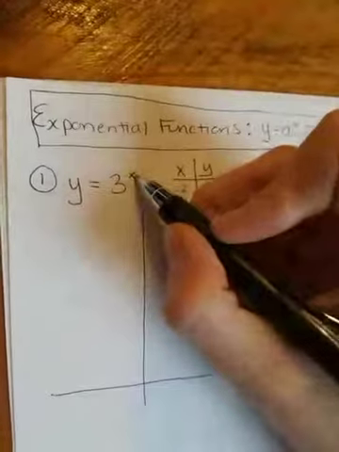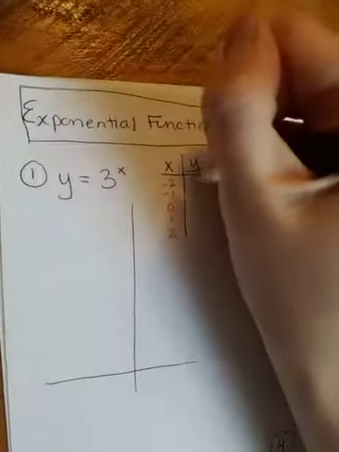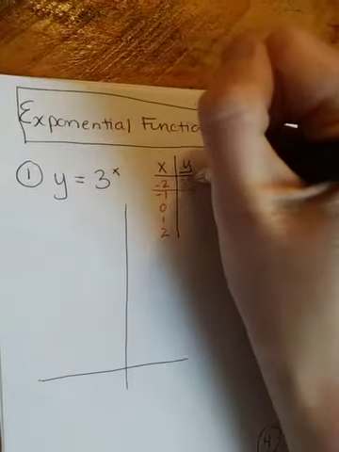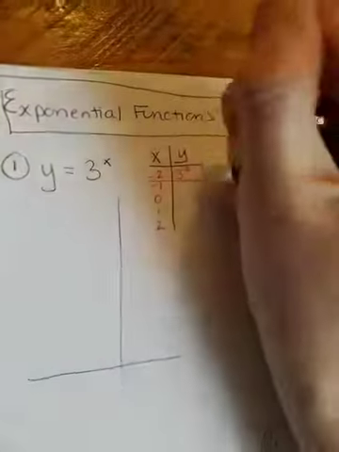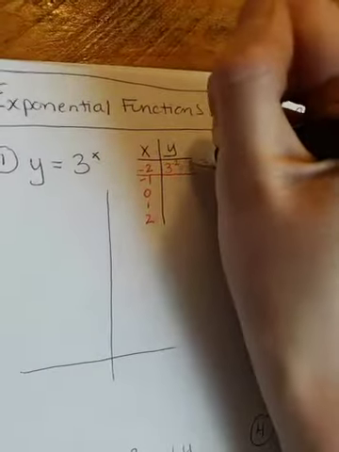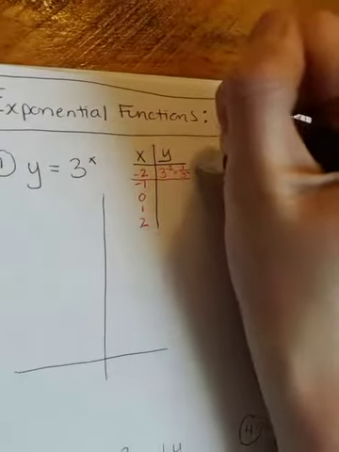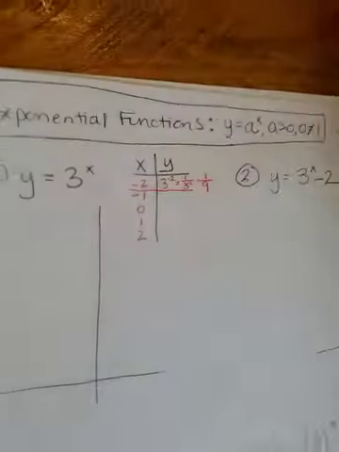When I put -2 in for x, I get 3 to the power of -2. Now we've been working with negative exponents. Remember, that means 1 over 3 squared. And what's 3 squared? 9, so my answer is 1/9.